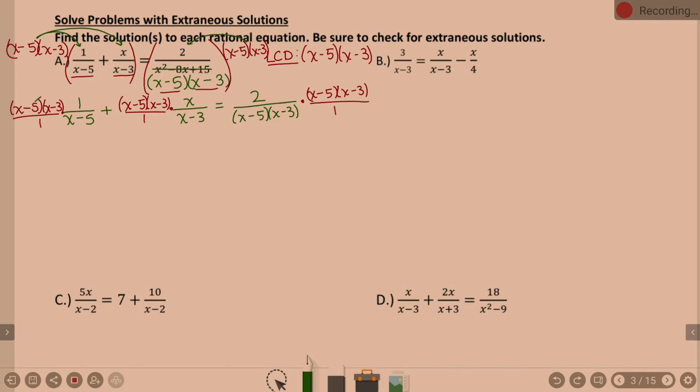X minus 5 on top cancels with x minus 5 on bottom. What remains? X minus 3. X minus 3 times 1 divided by 1, whatever. It's just x minus 3. Plus. Repeat the process. X minus 5, x minus 3 times x over x minus 3. What cancels? X minus 3 cancels with x minus 3.